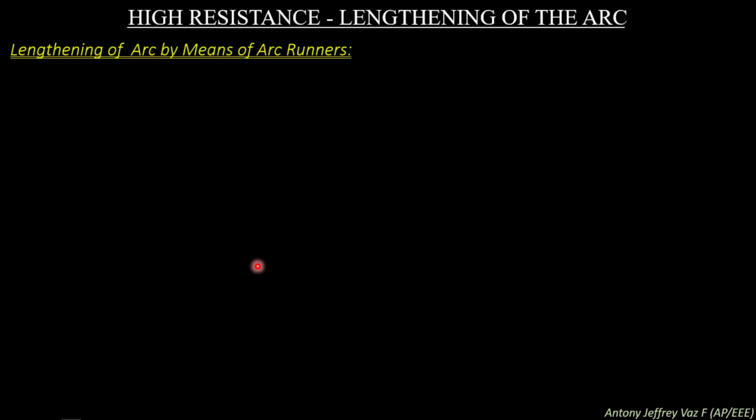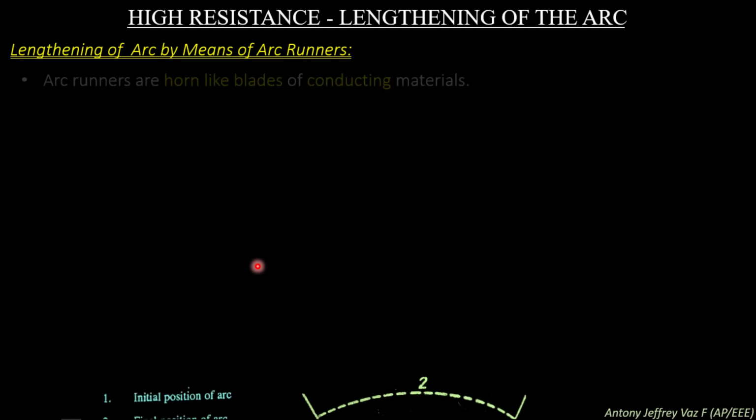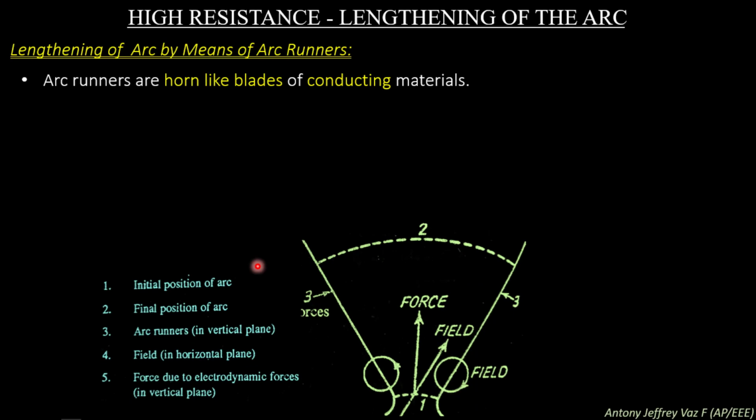High resistance interruption: lengthening of arc by means of arc runners. Arc runners are horn-like blades of conducting materials. This is the arc runner. This blade and this blade are conducting materials.